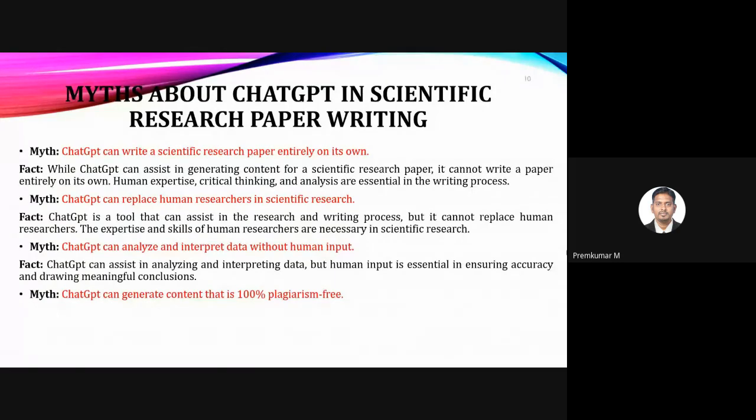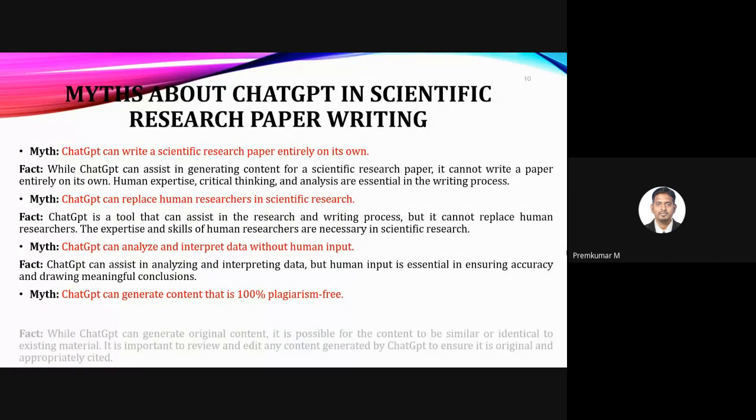So if you are caught by the publisher, you will be punished and you will not be allowed to publish any papers with that publisher. So you have to be very careful when using AI tools for generating any content. So this is not true.